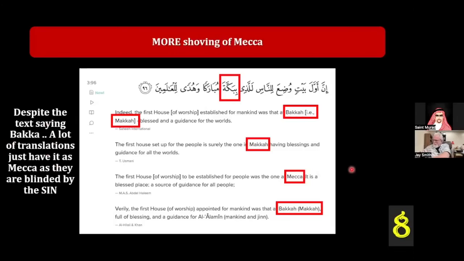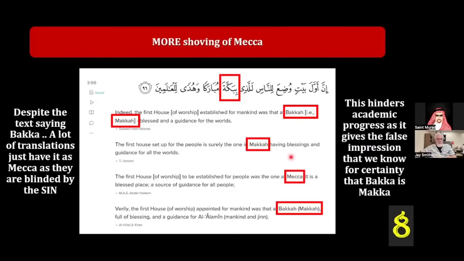And of course, as you pointed out, it has to be there so that it will be the oldest place on earth. This hinders academic progress as it gives the false impression that we know for certainty that Becca is Mecca, and this is not true. We do not know if Becca is Mecca, and most probably they're not the same.